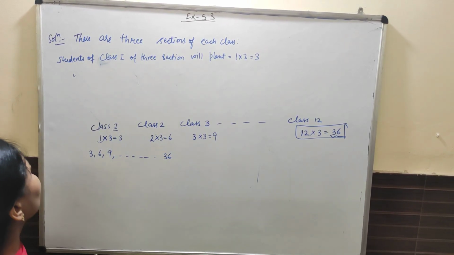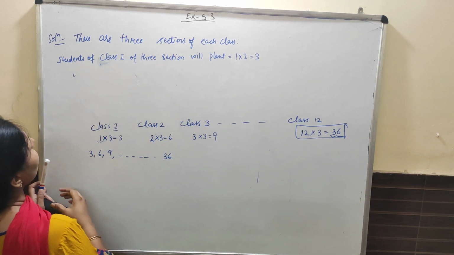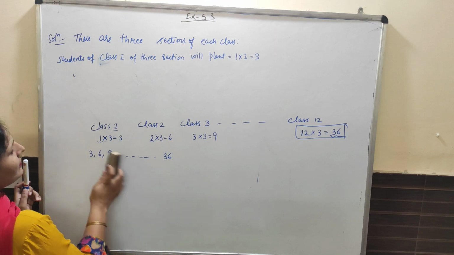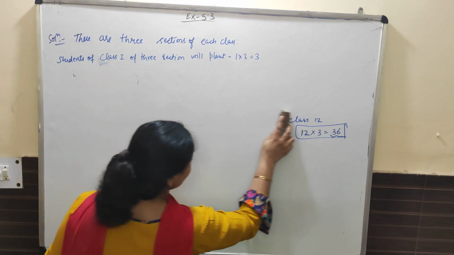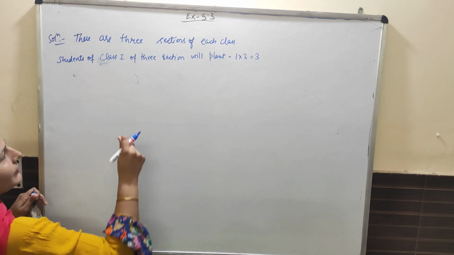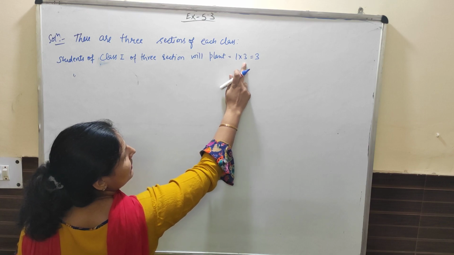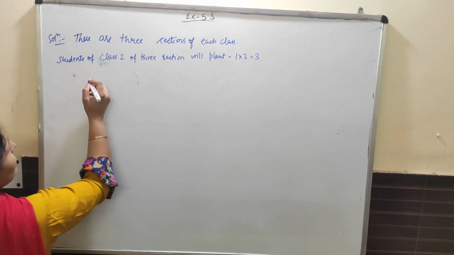Now, there are 3 sections of each class. So students of class first, of 3 sections, how many trees will all three sections plant? They will plant 1 into 3, which is equal to 3.